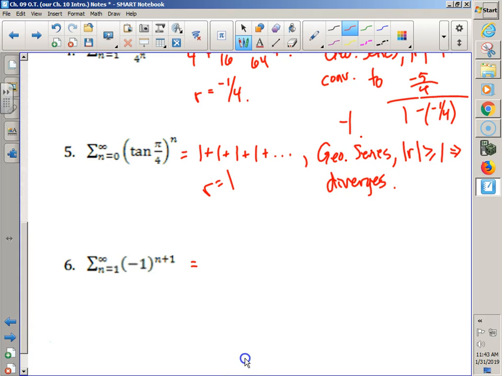Oh, wait, so it's -1 to the n minus -1, right? Even power starting off, right? What's my r? So what am I going to say? Goes to 0? Goes to 1? Nope.